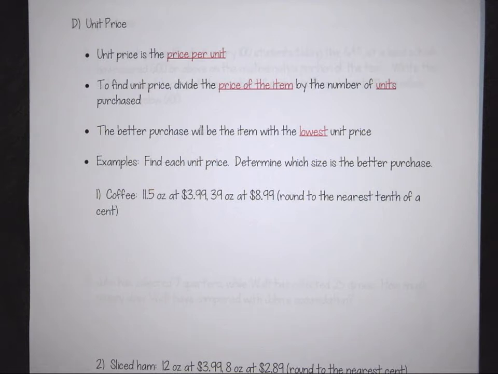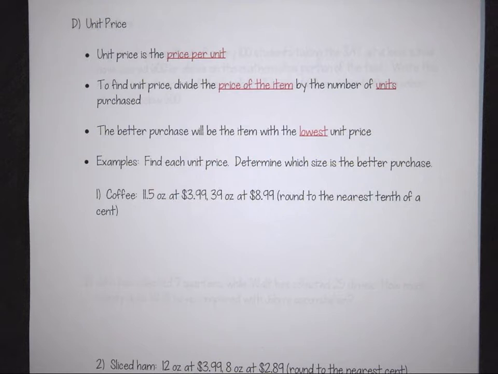Well, in order to figure out its unit price, you have to look at how many ounces are actually in that pint. So then what you would do is take that $4.25, which is the cost of the whole, divide it by the number of ounces in your product, and that's going to give you the cost per individual ounce.